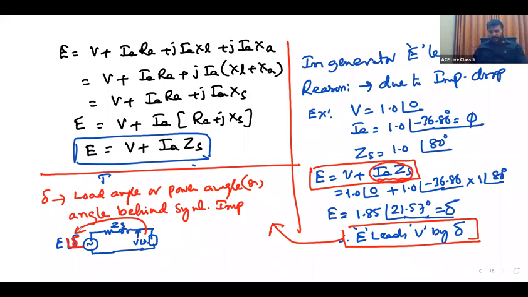Now, having an idea about all these drops, let me draw the phasor diagram of the alternator. To draw the phasor diagram, see, this is phi m.